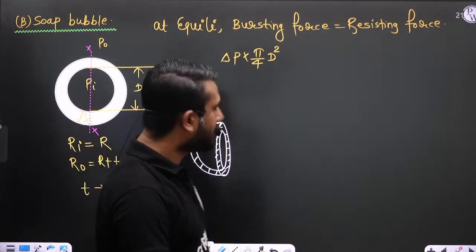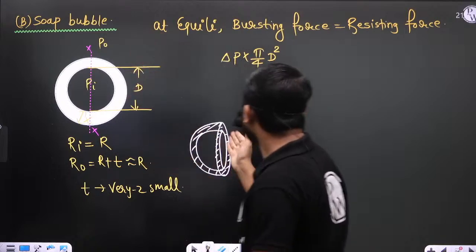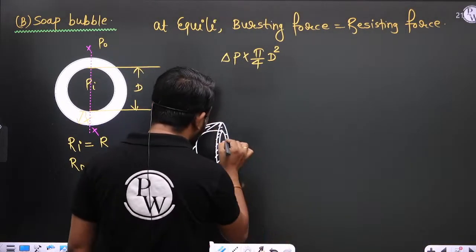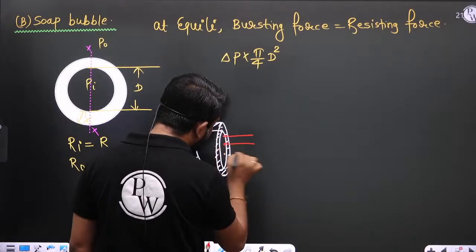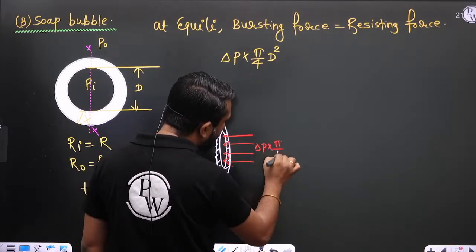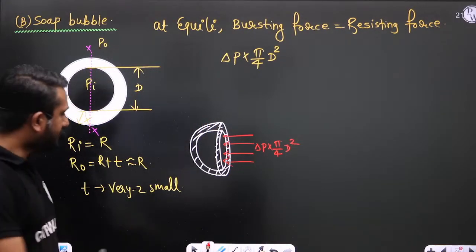Yes or no? If you cut the section here and draw the free body diagram, the pressure force is delta P multiplied by pi by 4 d square. This is the pressure force, and then the resisting force.